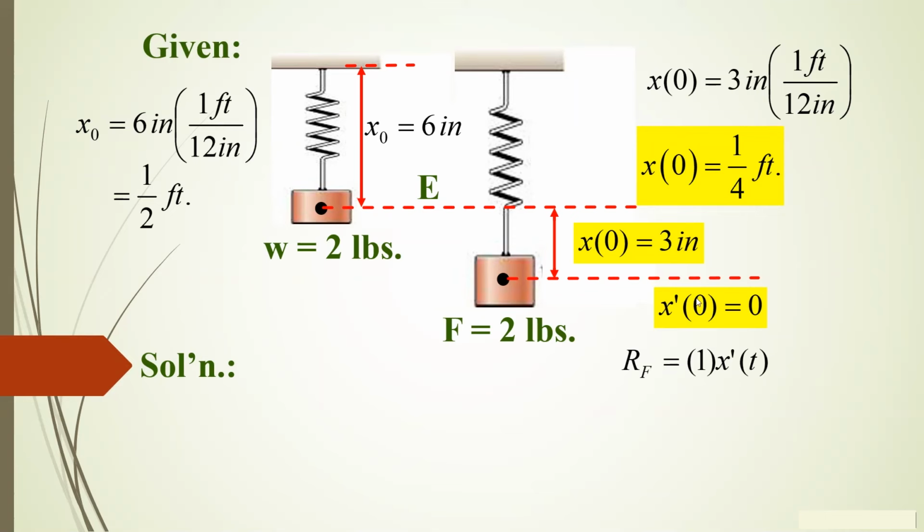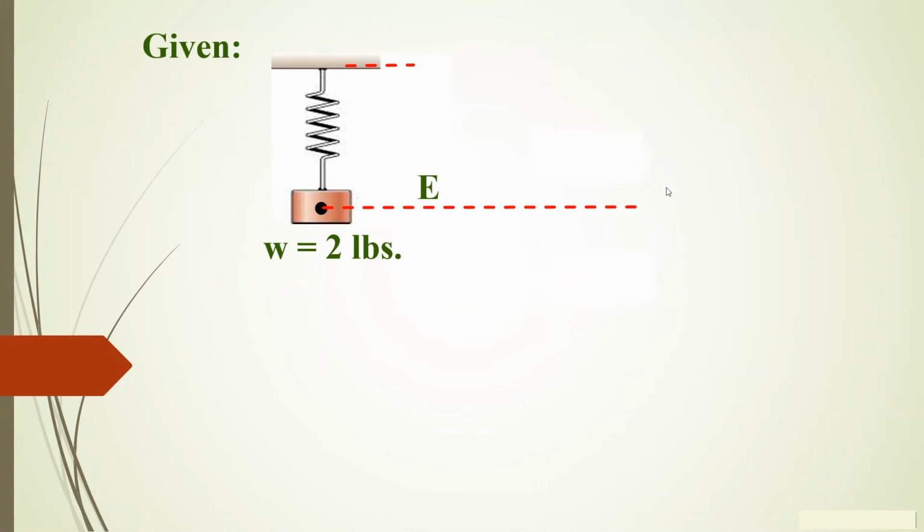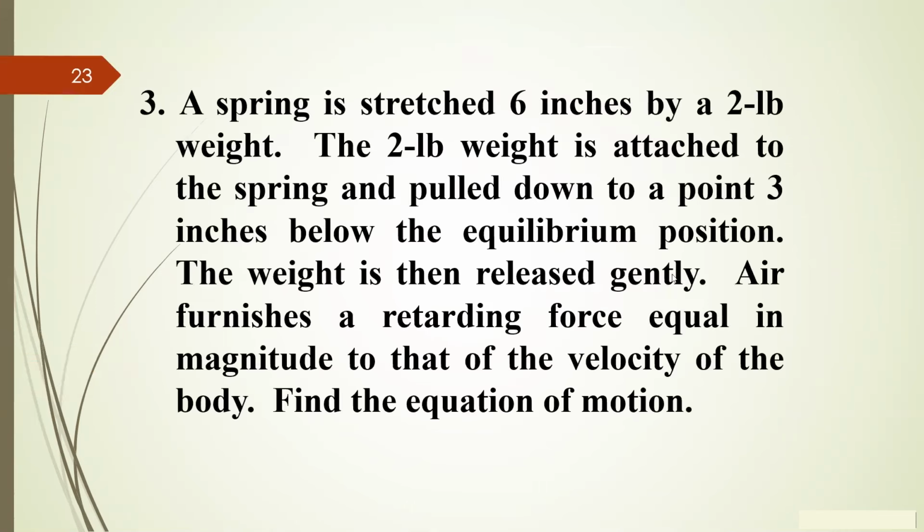So we take note of the initial velocity, 0, but the question is, why is that? Di ba the problem says there's a retarding force? The problem says, air furnishes a retarding force equal in magnitude to that of the velocity of the body.